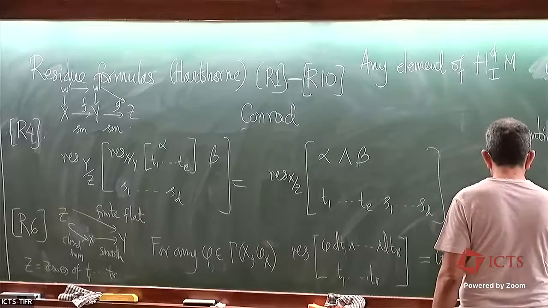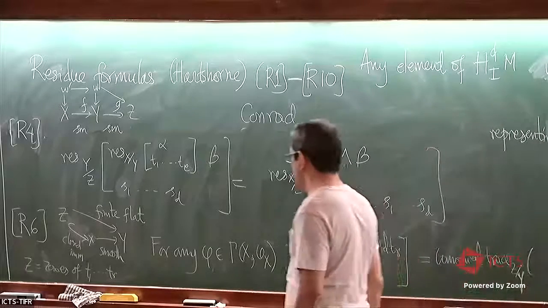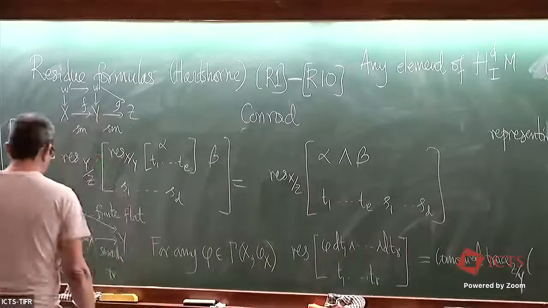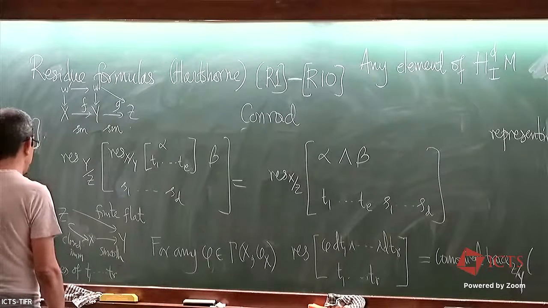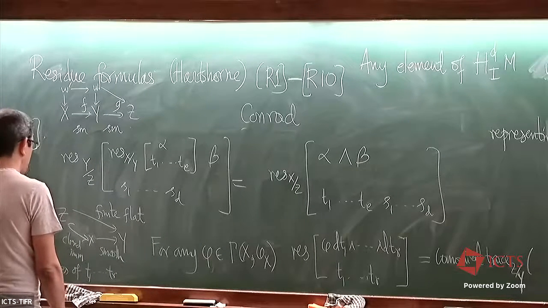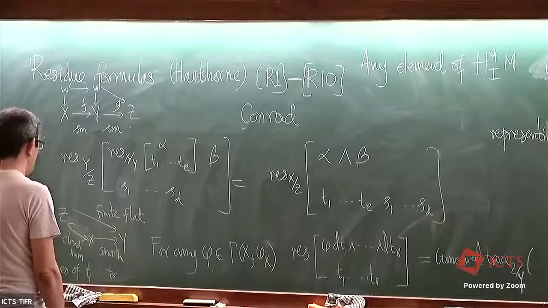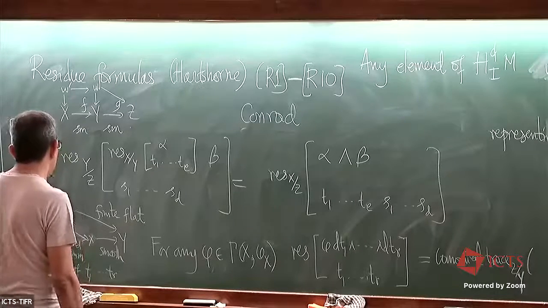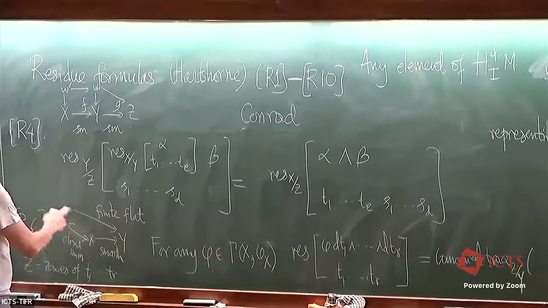Canonical trace means the usual trace map. Since this is finite and flat, I will also assume these are affine.